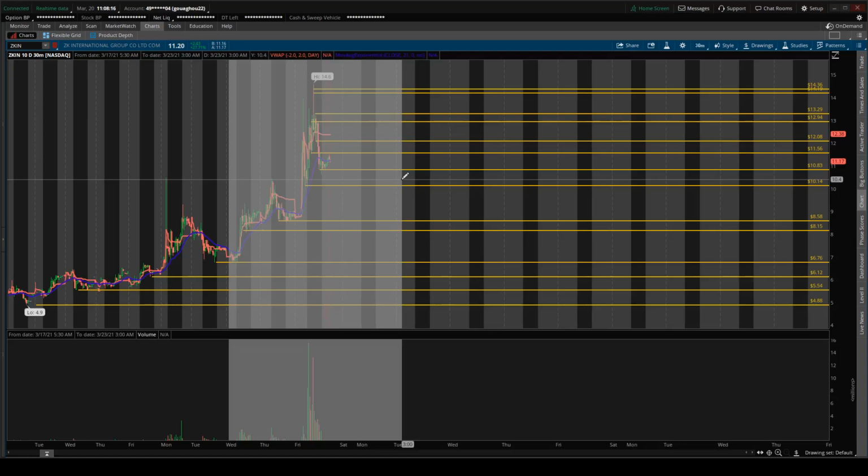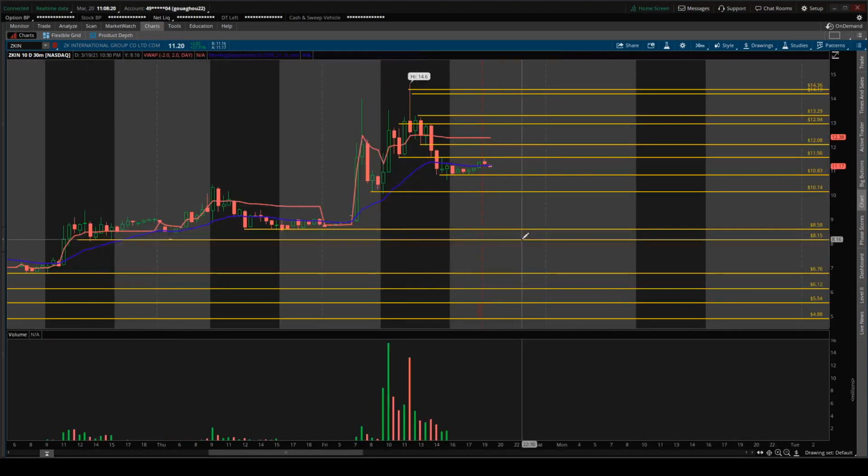As a short-term trader, I need to be wary of important levels on the intraday or on the last 2 or 3 days. So on Monday, I would say if this can really reclaim this 1150-ish area, it can really go towards 12.